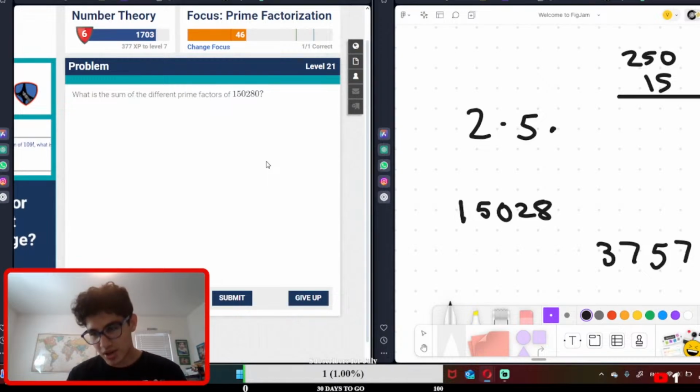There must be some other prime factors in that. Let's see if we find any. What about 13? We'll have to check all the primes until almost 200, I think. Oh wait, no, sorry, this is only 3000. So we only have to check until maybe 50, 60.